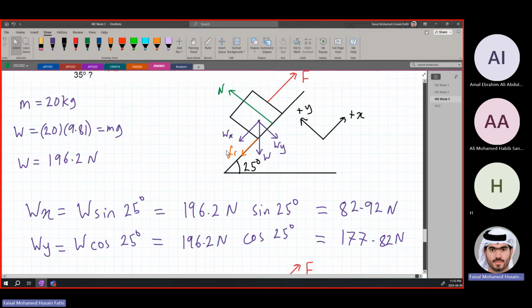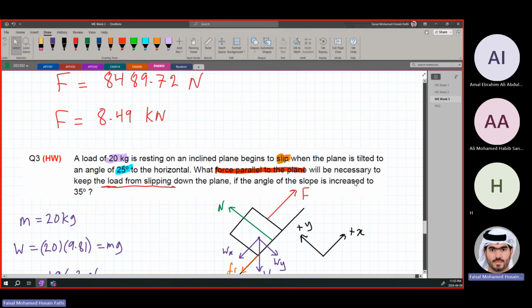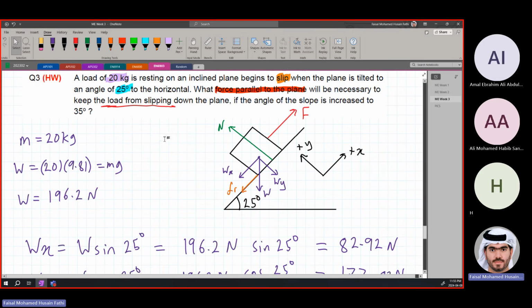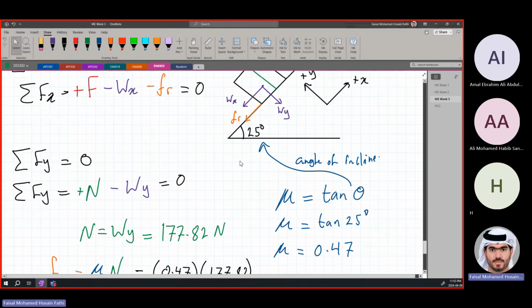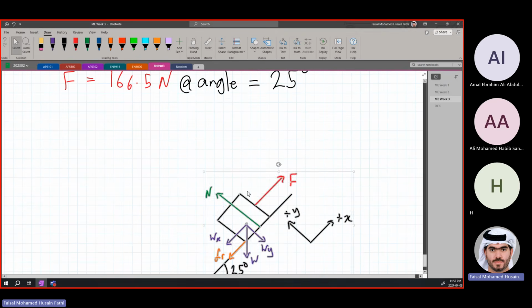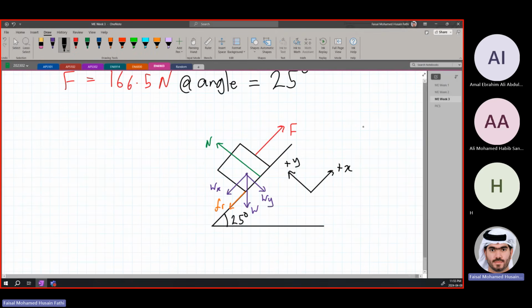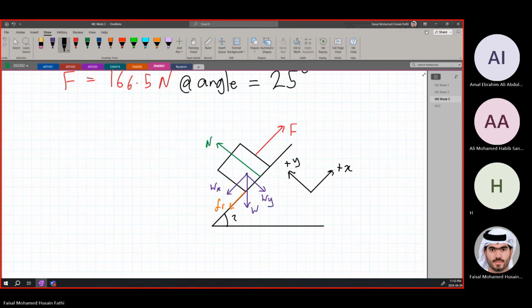So that was a mistake from my side. I did not read the question fully. The actual angle I'm supposed to put is 35 degrees. Okay, so everything else is exactly the same in solving, but this should be 35 degrees.